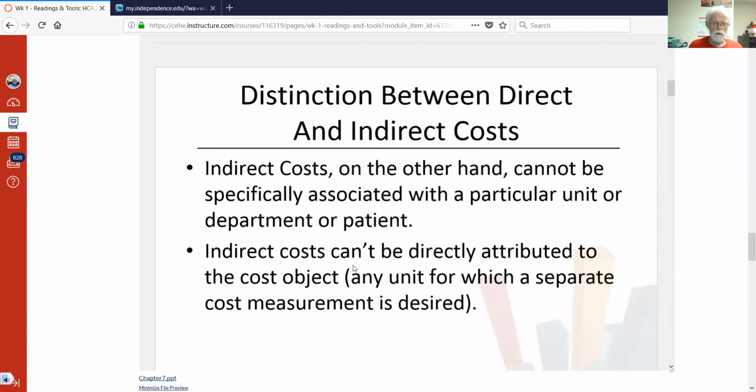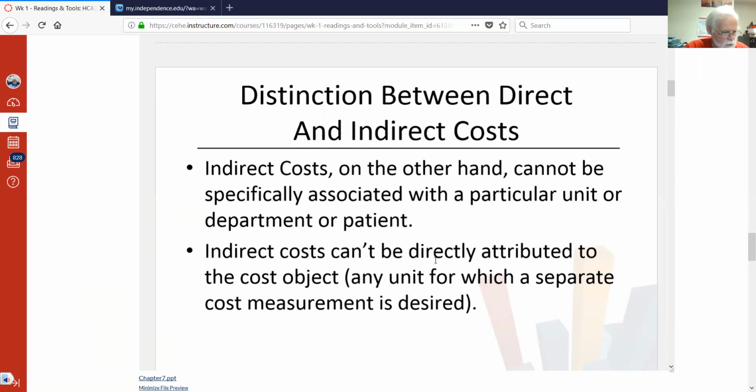Distinction between indirect and direct. Indirect cannot be associated with a particular department or patient. Let's just look at a nursing home. You've got, say, a hallway with 12 rooms on it, and you have 2 aides and 2 professionals. You've got a PT, maybe an OT, you've got your physician or your practitioner.